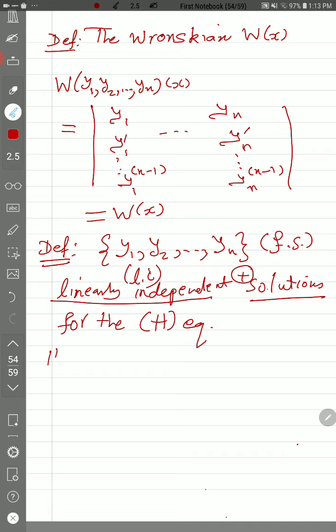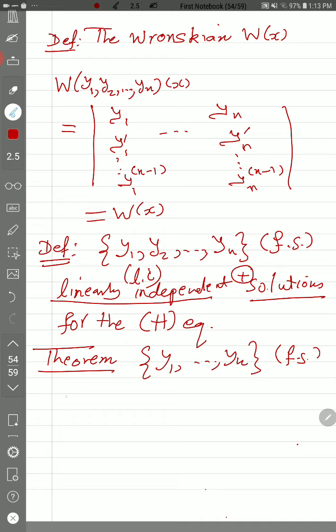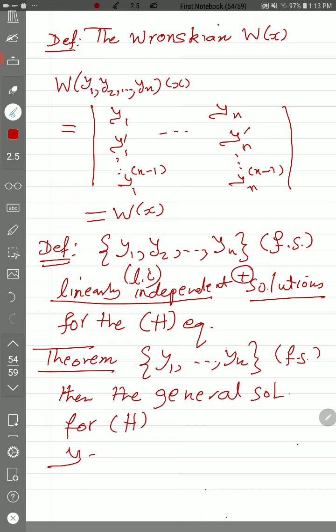You remember there is a theorem that tells you how to formulate a general solution. If you have y1 to yn as a fundamental set, then the general solution for the homogeneous equation, which is very important, is just y equals C1 y1 plus C2 y2, carrying on until Cn yn.